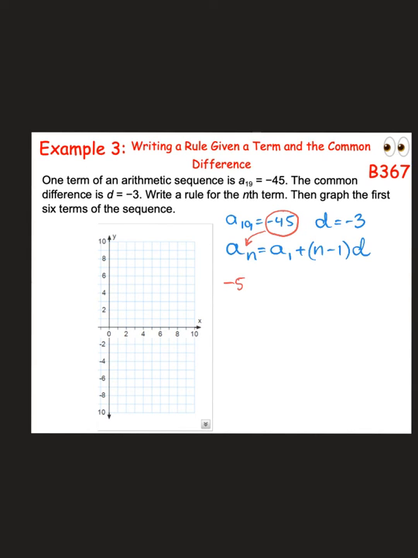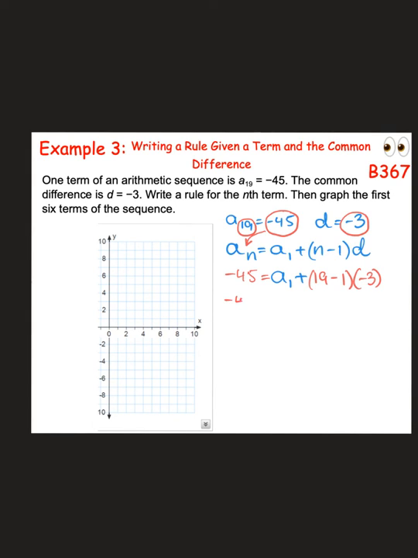Let me rewrite that one. So it's going to be negative 45 equals, we don't know what the first term is, plus, we know that the term number is 19, so we are going to say 19 subtract 1, and we also know the common difference of negative 3, so multiplied by negative 3.